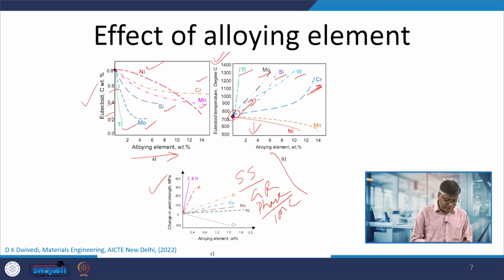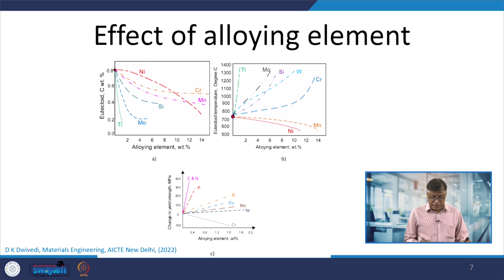So, if we see this, then addition of carbon, nitrogen and phosphorus is very effective in increasing the yield strength, because what we see here, even a little addition of these alloying elements increases the yield strength significantly, while the effect of silicon, copper, molybdenum, manganese and chromium is somewhat less effective as compared to that of carbon, nitrogen and phosphorus.